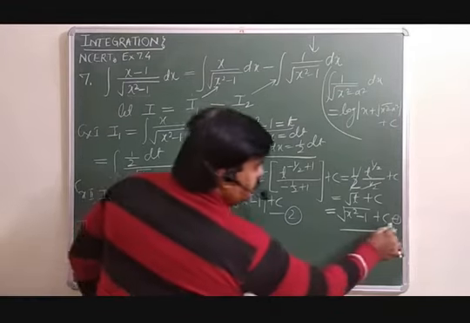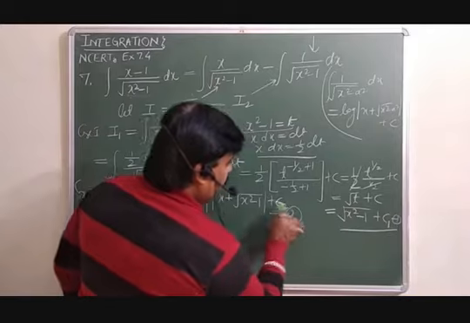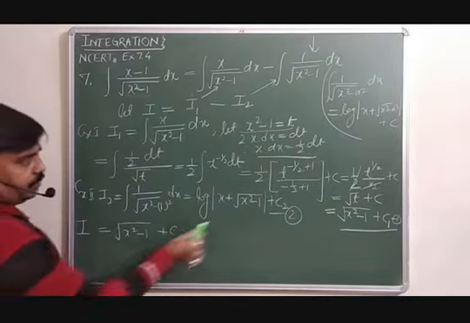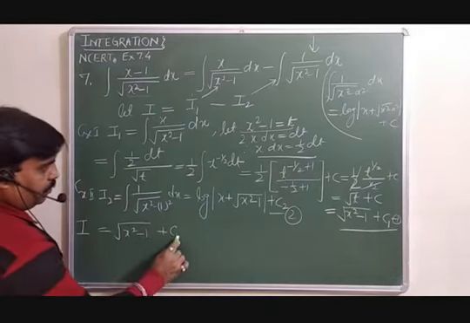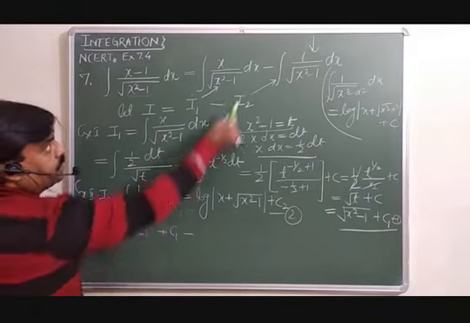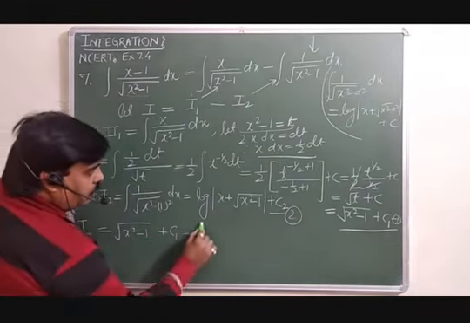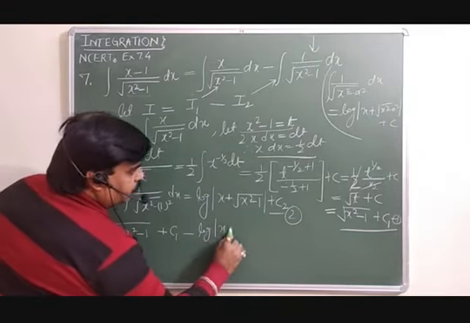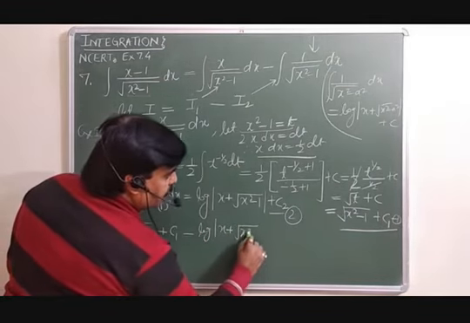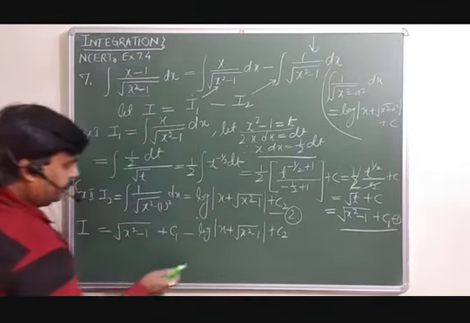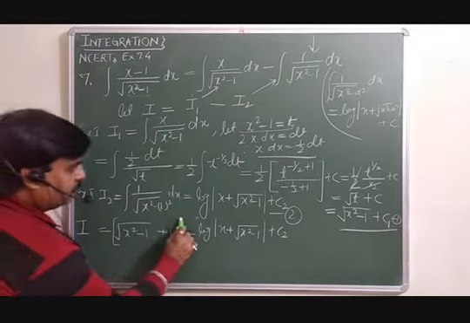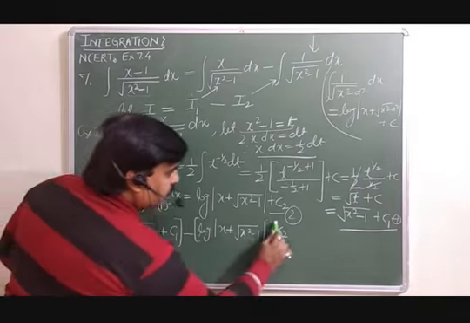For our own convenience, you can give the constant c1 and here c2, because these integral constants are not the same. Plus c1 minus log x plus under root x square minus 1 plus c2. This is your I1 and this is your I2.